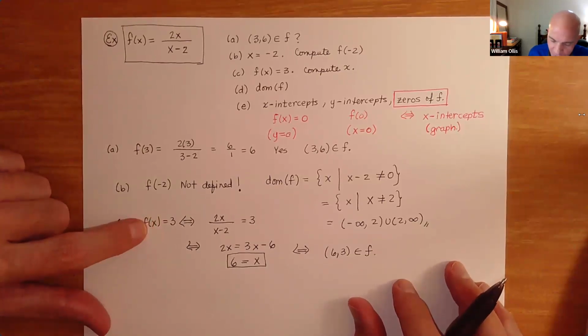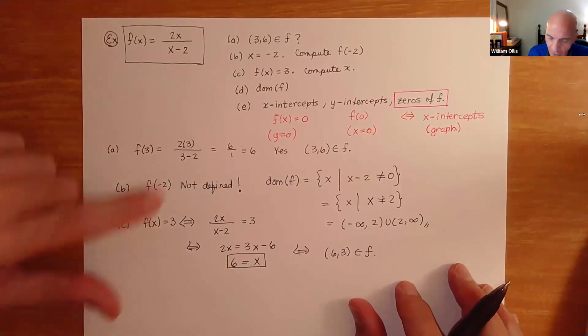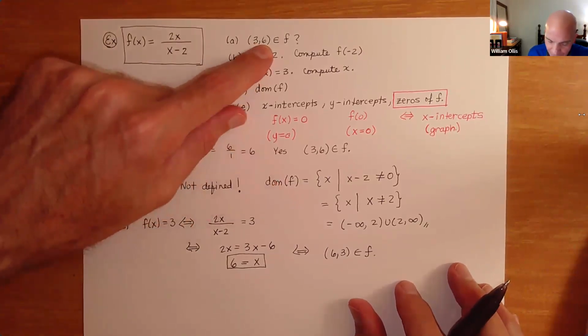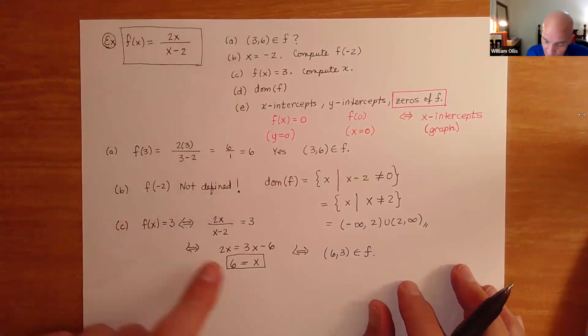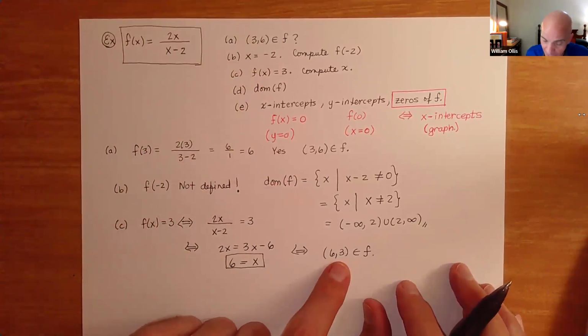If you look at this again, 3 is mapped into 6, and now we see in this particular case that 6 is mapped into 3. So that's really interesting when you think about that.